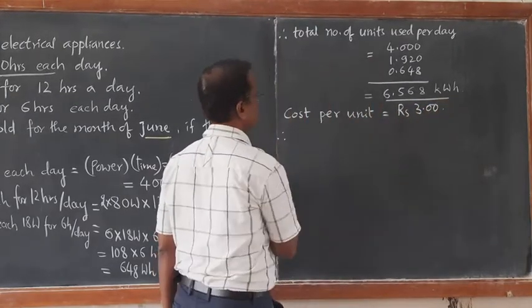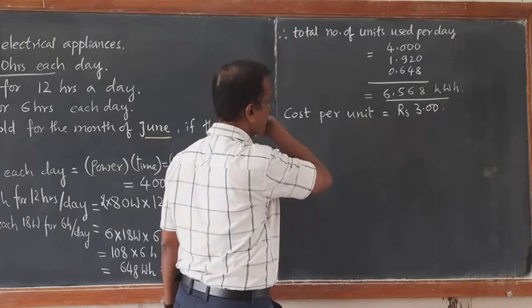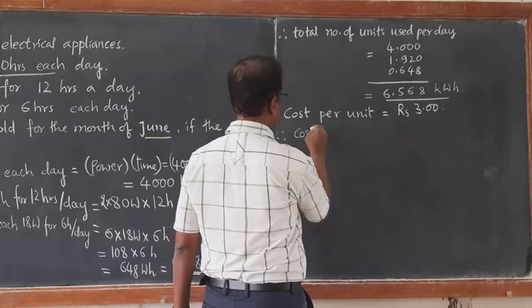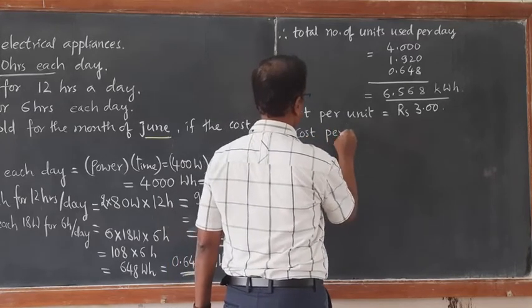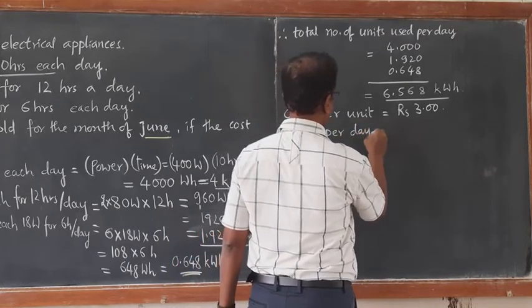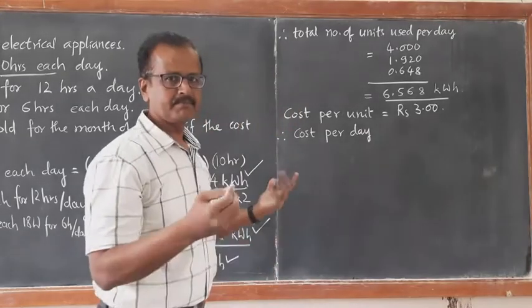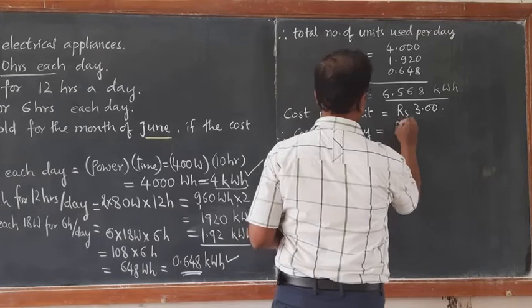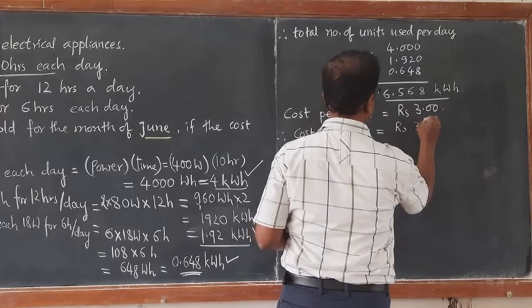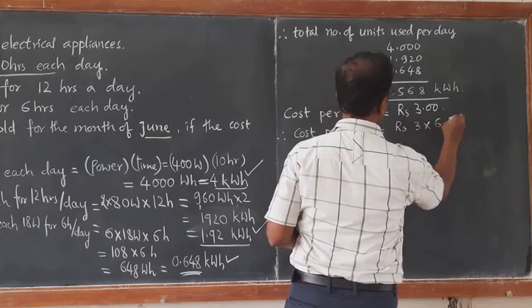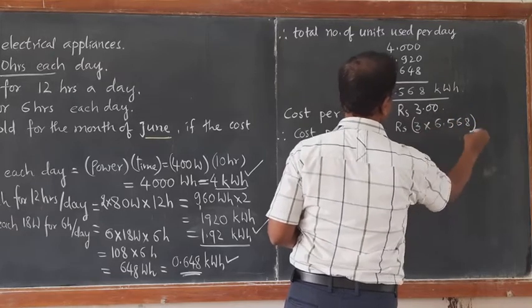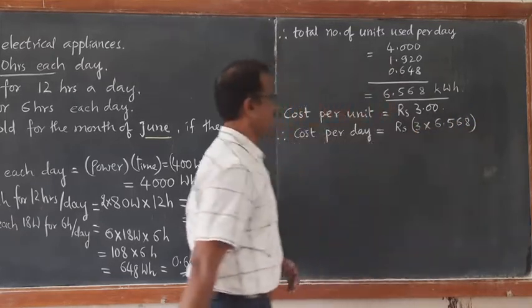Therefore, total cost per day becomes rupees 3 into 6.568. This is the cost per day.